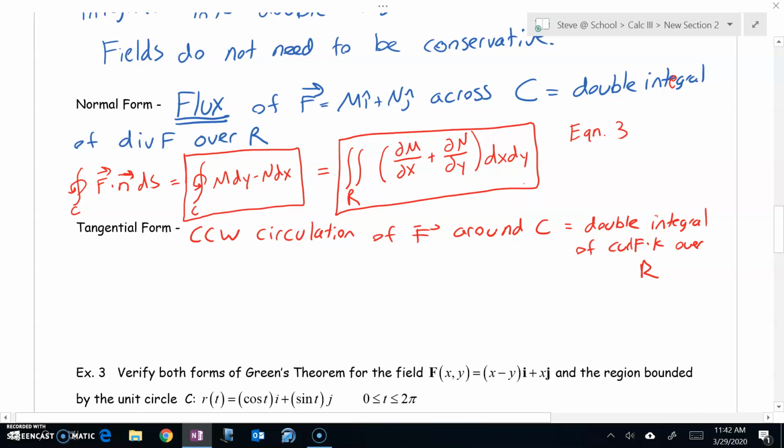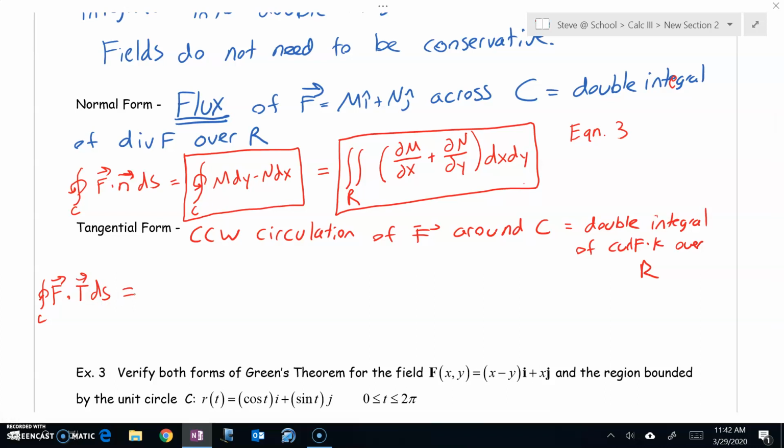Alright, so anyway, the original form for this one was the integral of F dot T ds. We never used that form though. We used the form where it was F dot dr/dt.